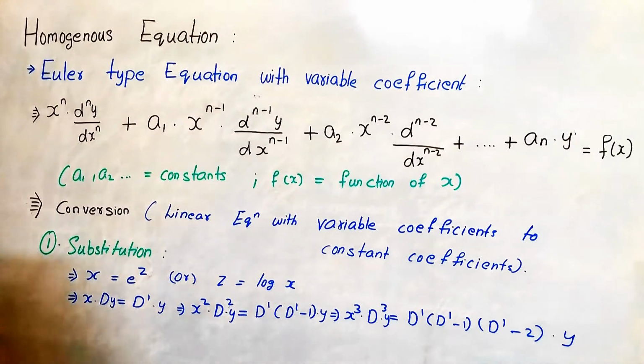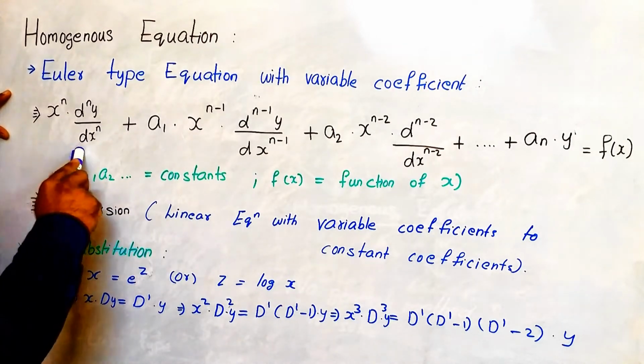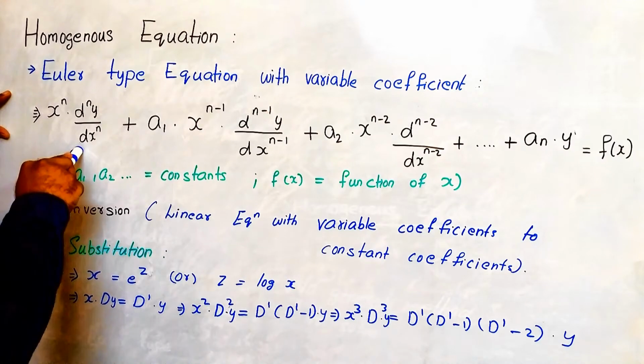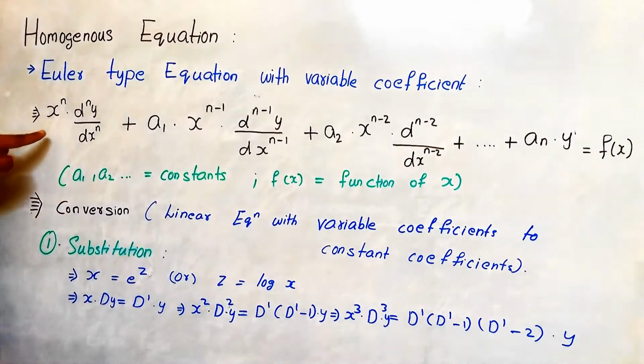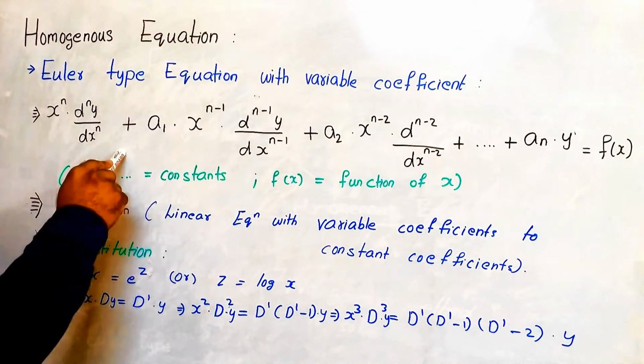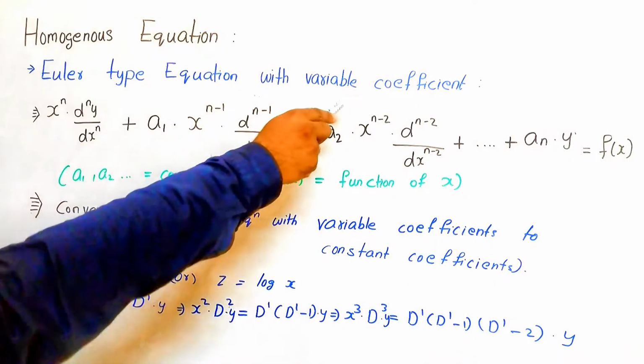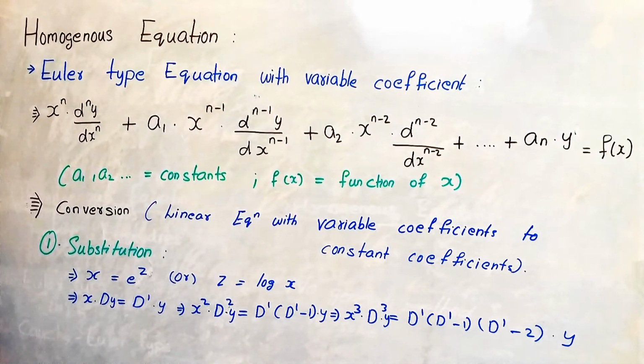So let us see what is the change occurring in the Euler's type. We will have the equation in this format. This is how you understand whether a question is in Euler's type or in Legendre's type. The Euler's Cauchy's type questions will be in this format. This is the equation format of Euler's type with variable coefficients of the homogeneous equation.